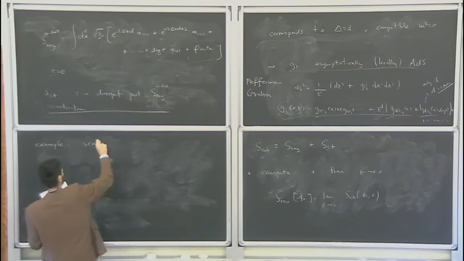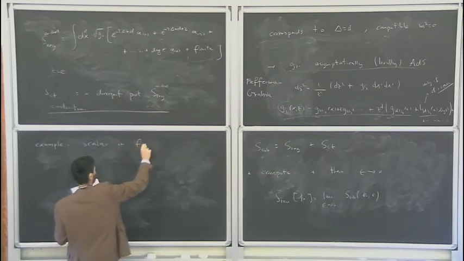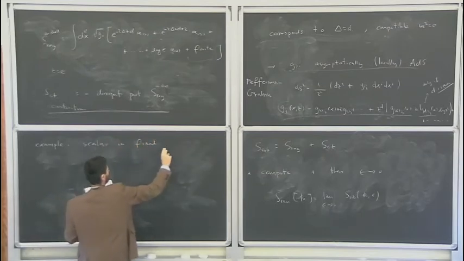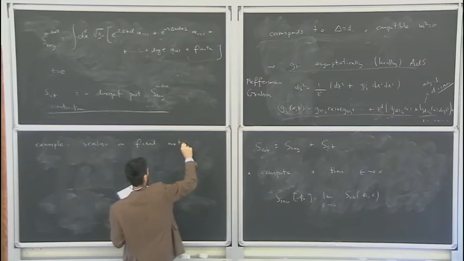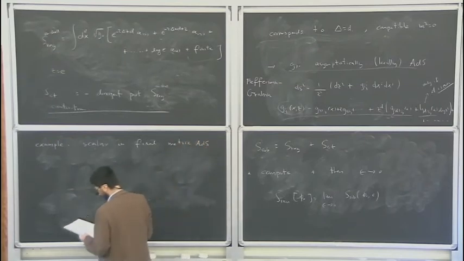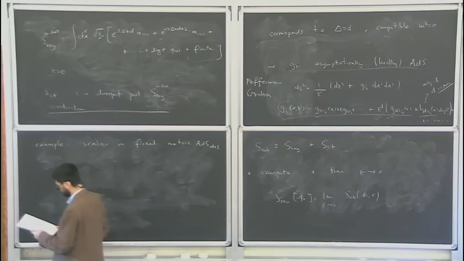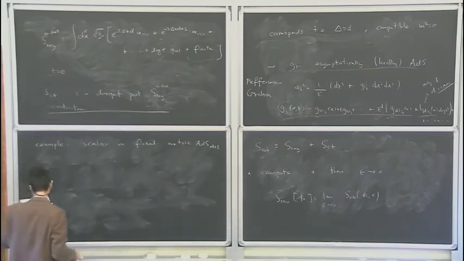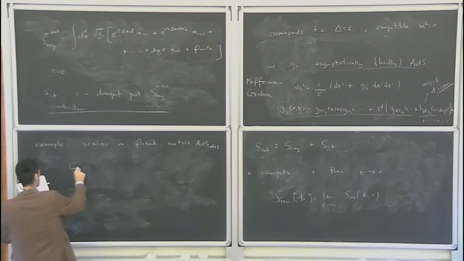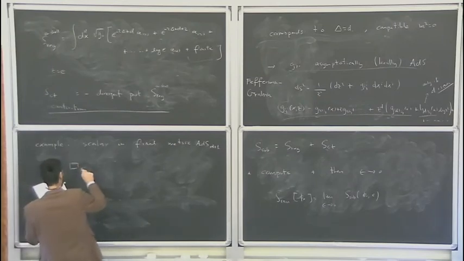So first example, scalar and fixed metric, AdS. Again, we can be here in general dimension D. So the equation, once again, is this.